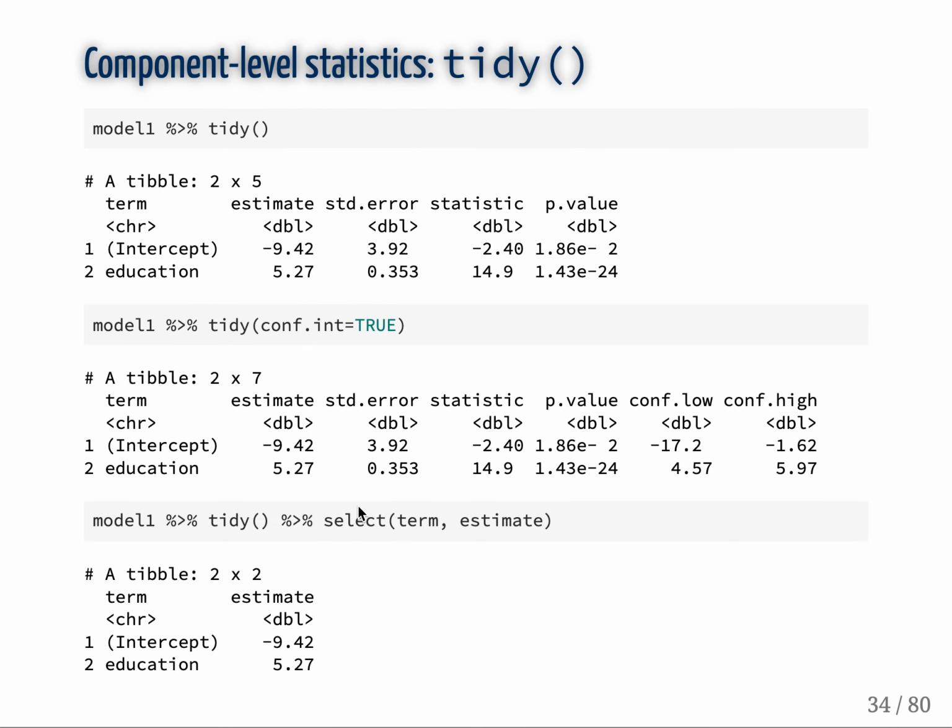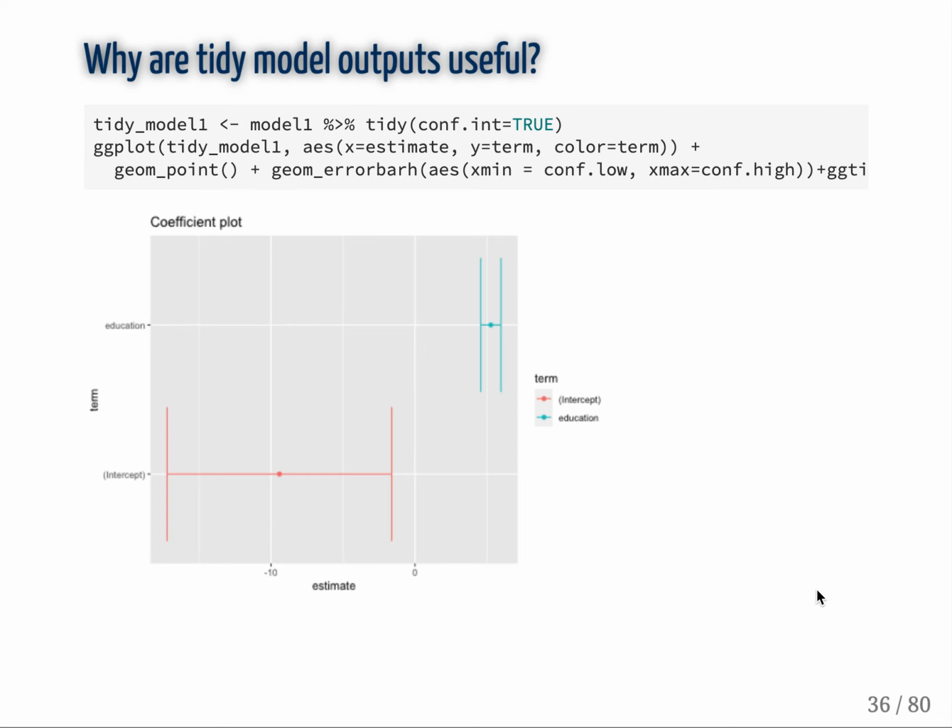From the previous slide we identified the lower level is minus 17.2 and the upper level is minus 1.62. You can see that it's drawn here. This is minus 1.62 and this is minus 17 point the rest.